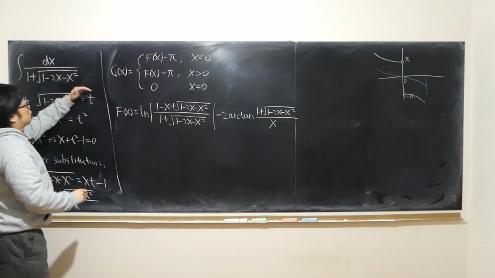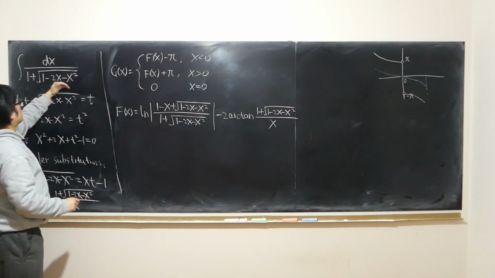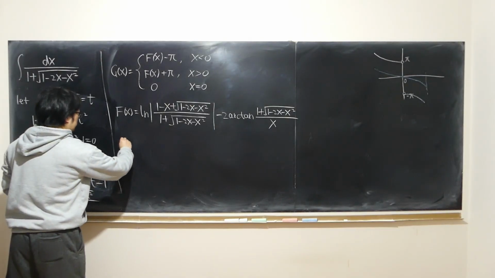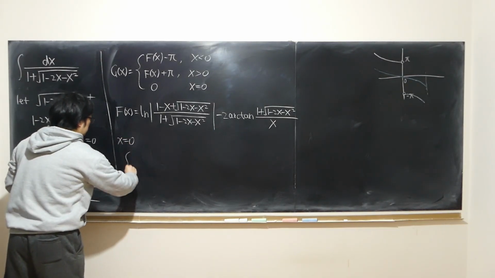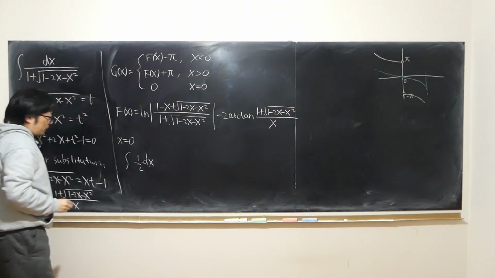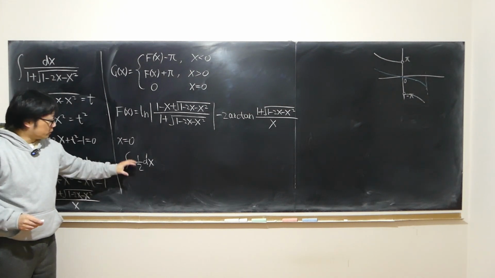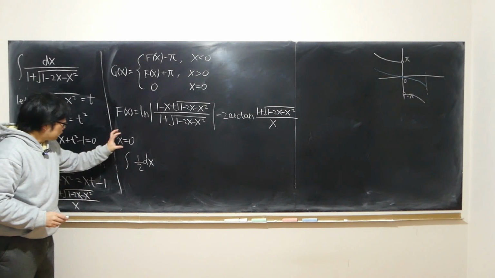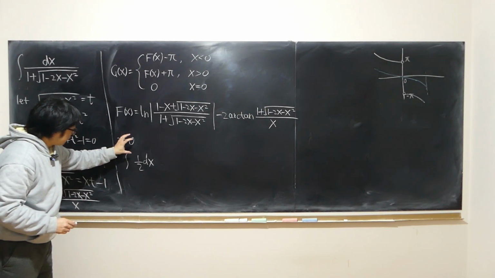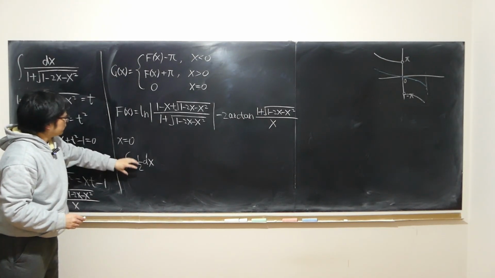When x is not equal to 0, and when x is equal to 0, here we have 1 over 2, whose antiderivative is x over 2, but that doesn't matter. So this just means, when x is equal to 0, can we prove that its derivative at 0 is exactly half?